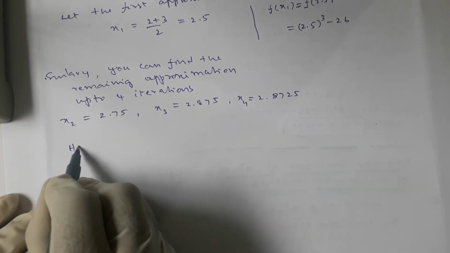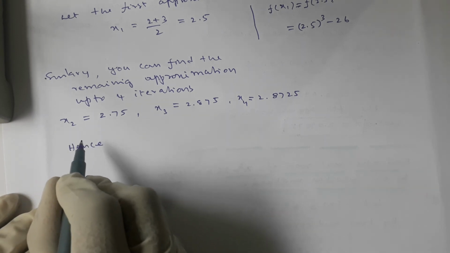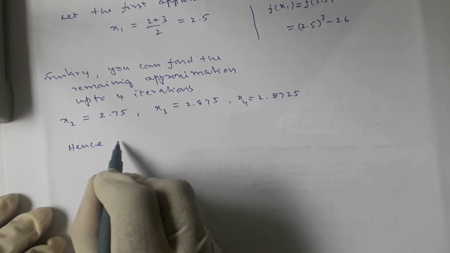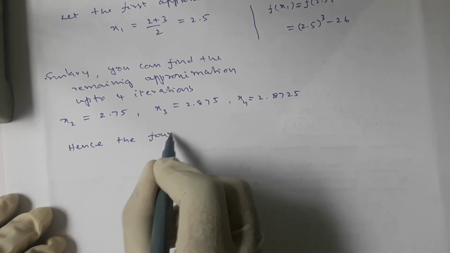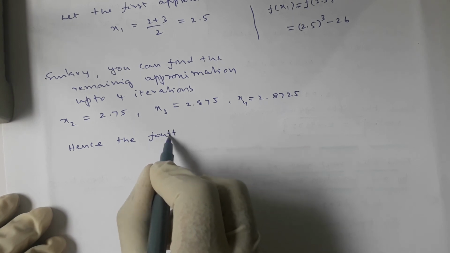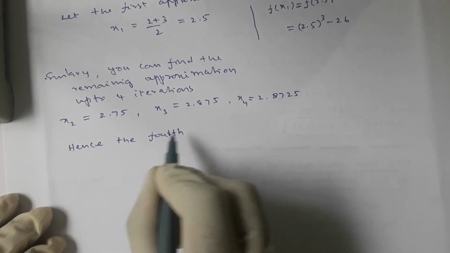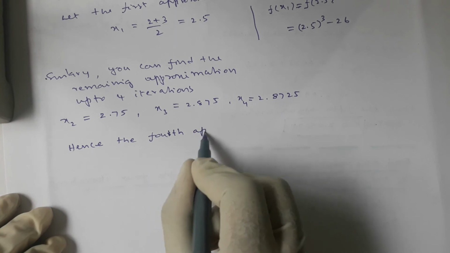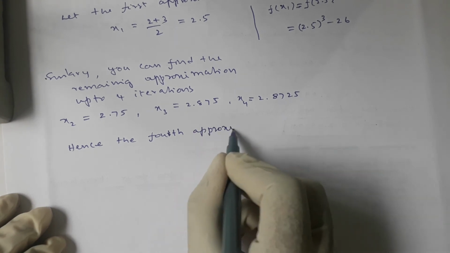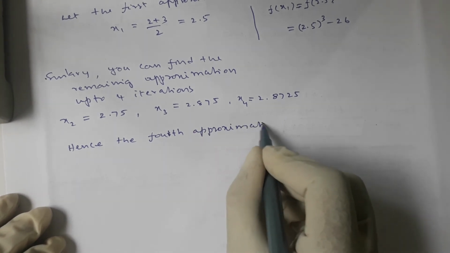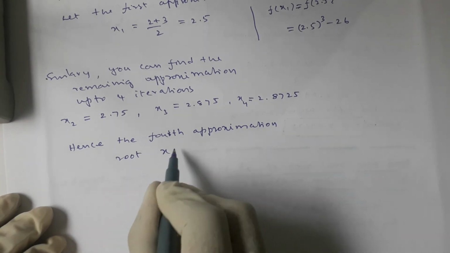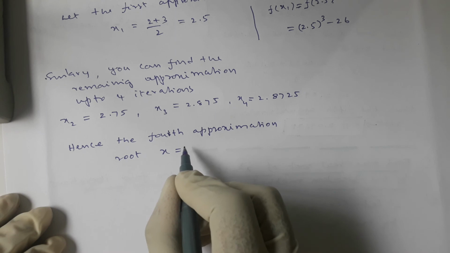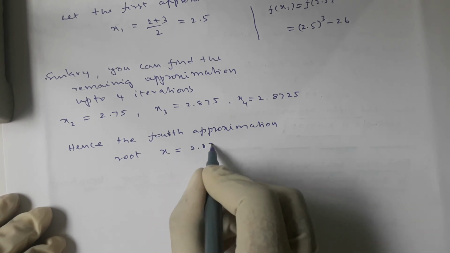Hence the fourth approximation root is x is equal to 2.8725.